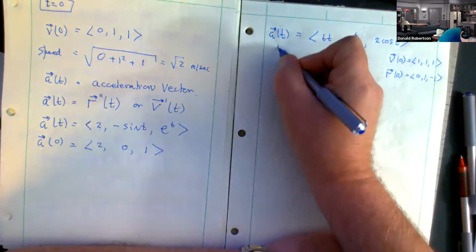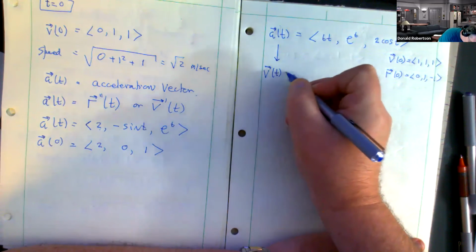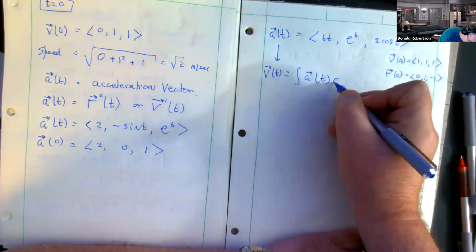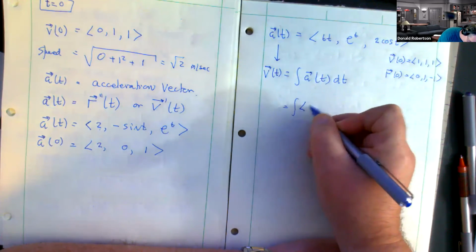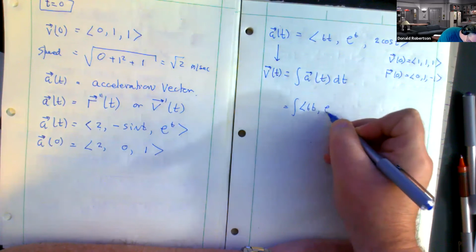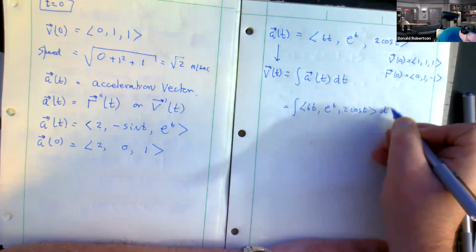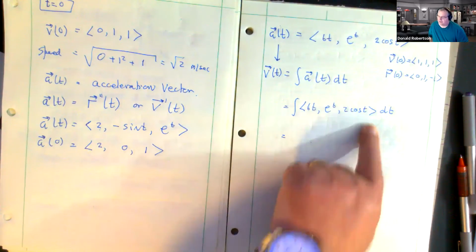So if you start with acceleration and you want to find the velocity function, don't you integrate, right? The opposite of differentiation. And if you want to integrate a vector, don't you simply just integrate each piece?